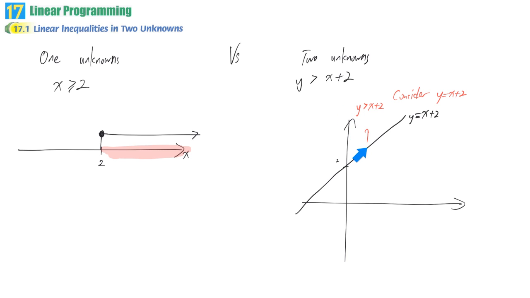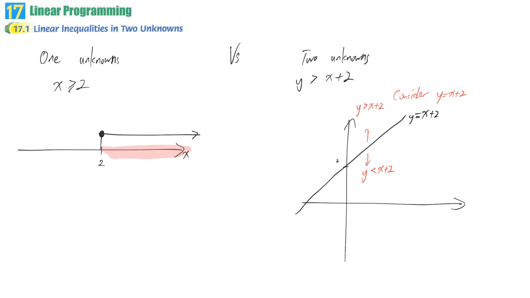And any point below that has a smaller value of y compared with our reference. So below our reference, the height is smaller than our reference, y smaller than x plus 2. Any point here will fulfill this requirement.